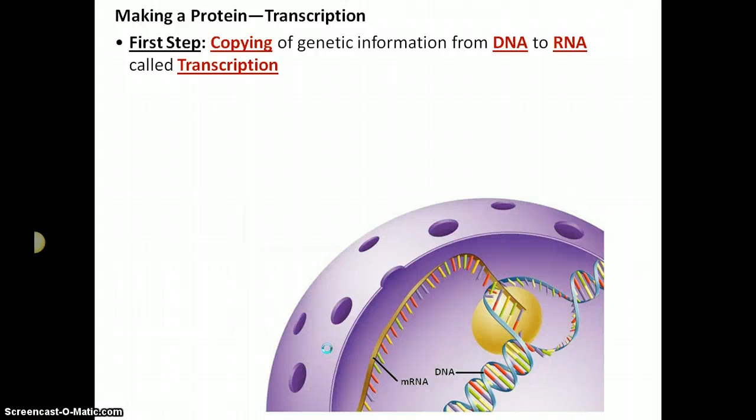The first step in making a protein is to get the information where it needs to go. I want you to consider for a moment KFC. KFC has a special recipe, and that special recipe can never leave the office of the owner of the company, okay? And just for the sake of the argument, we're going to call that guy Colonel Sanders, right?